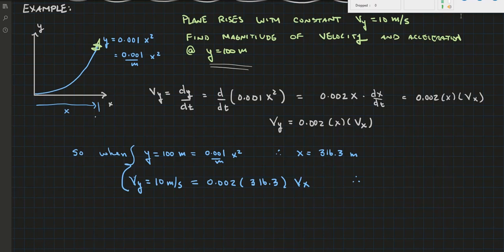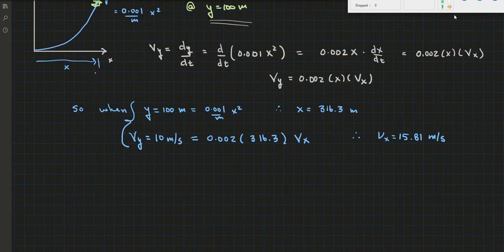So if you solve for Vx, you get Vx equals 15.81 meters per second. And that's Vx when we get to this altitude. Who knows how much time that is? So we have Vx, we have Vy.